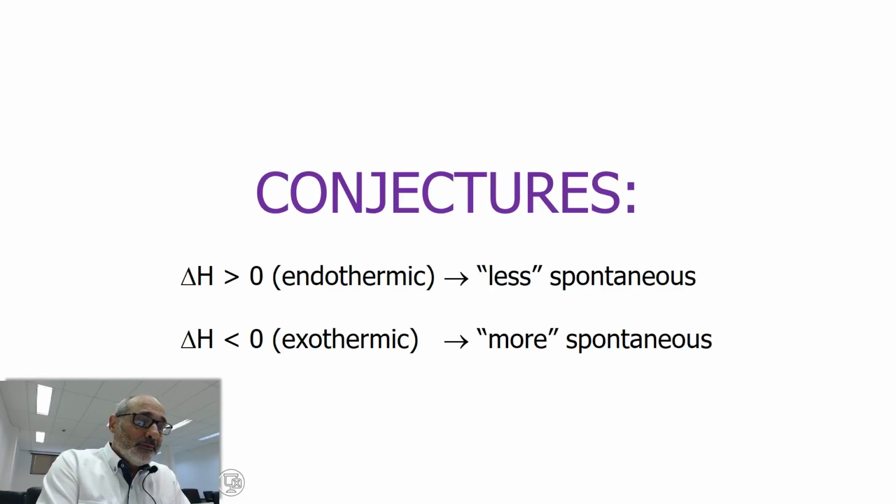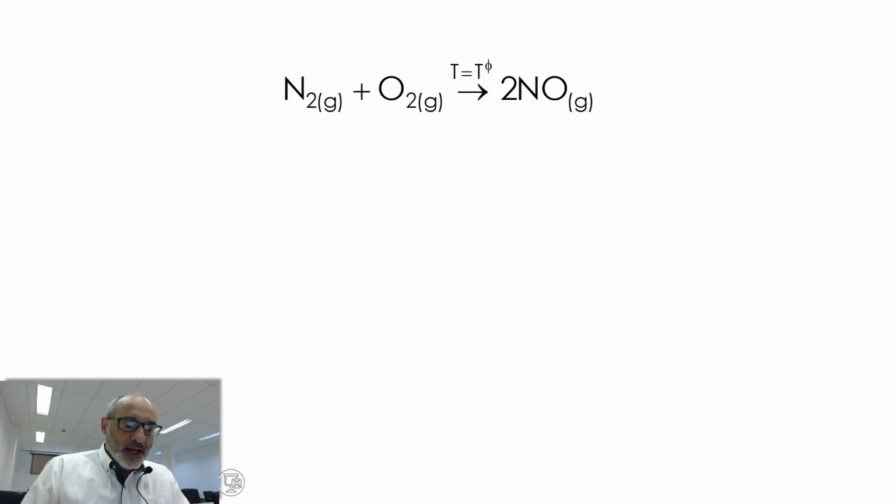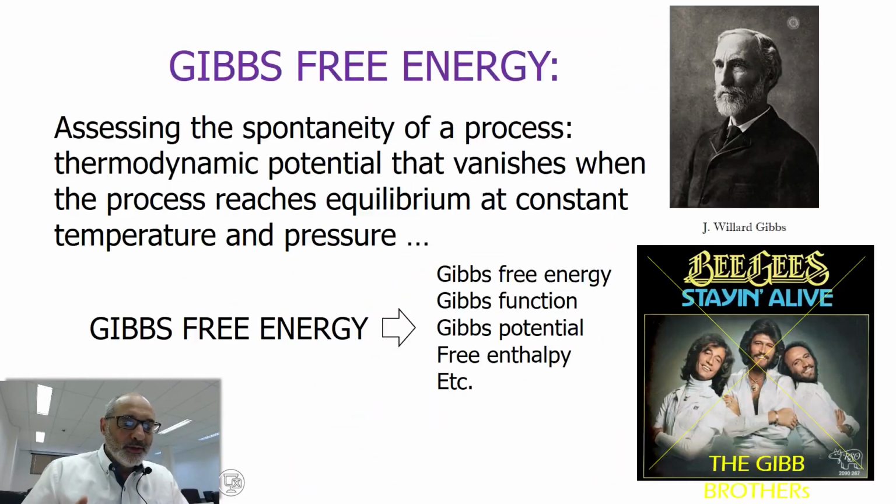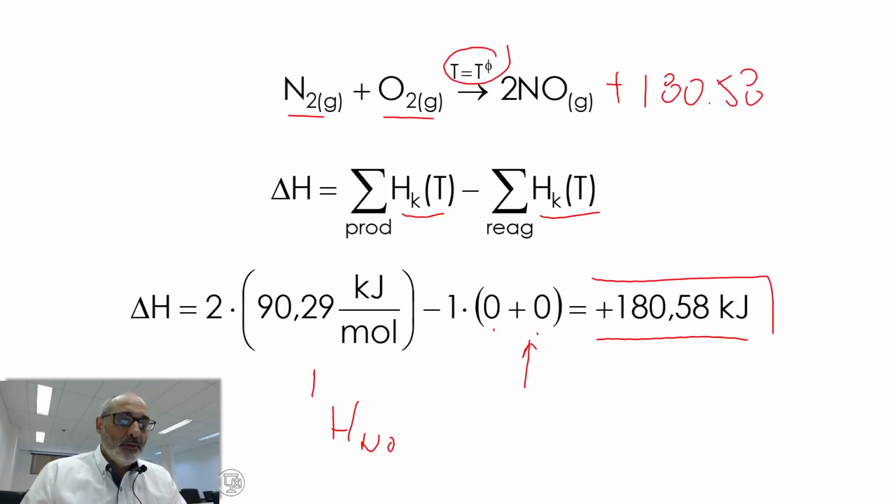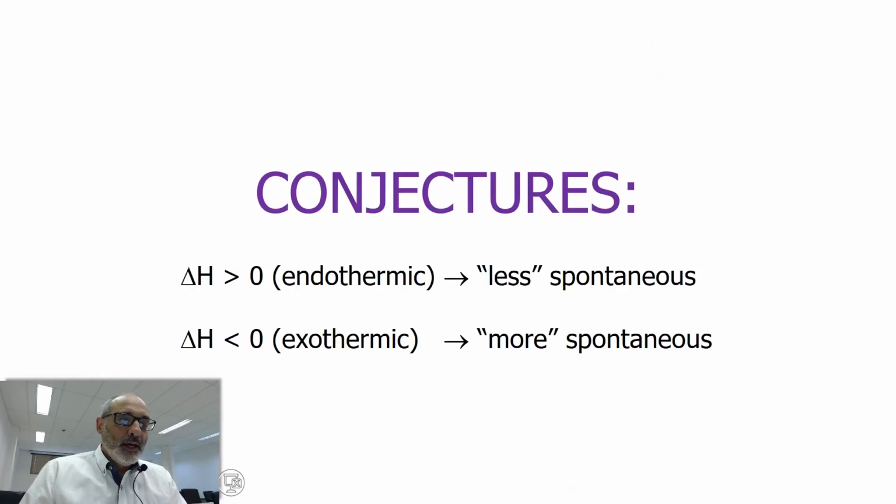So remember, I'm going back some slides. I'm trying to reason here. We're trying to construct this thermodynamic potential that vanishes when the process reaches equilibrium. We're trying to build this variable, following Gibbs' steps. So we know this reaction is endothermic, and we can formulate some conjectures.